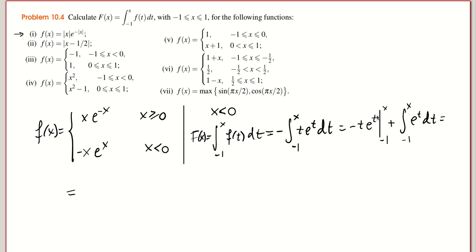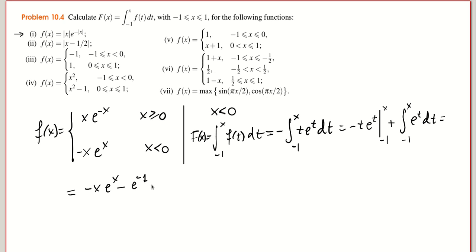When t is x, this is minus x e^x, and when t is -1, this is 1, so we're subtracting 1 times e^-1.